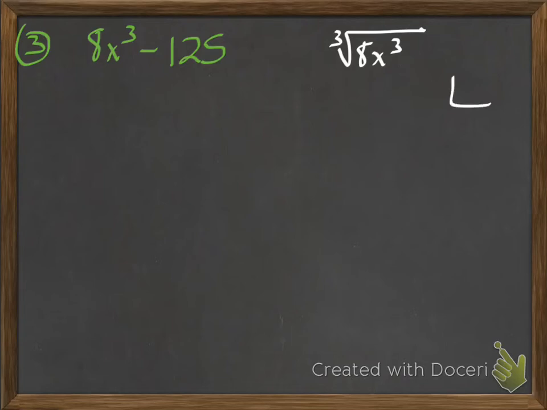So thinking about that, 8. What number times itself 3 times is going to give me 8? 2. So we have 2, 3, 2, so that's going to give us 2. And I'm looking for a set of 3, so if I have x cubed, I would have one set of 3 x's.